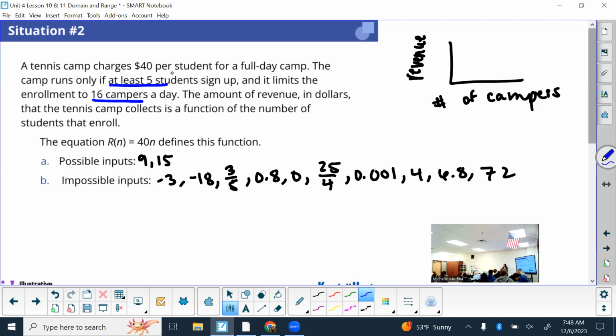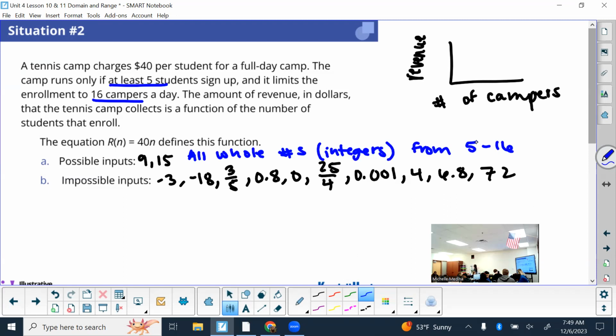Decimals. Can you have a decimal of a camper? So if you were describing this, you would say all whole numbers or integers is what this curriculum seems to use, from 5 to 16. I don't like using integers because that could include negative numbers too.